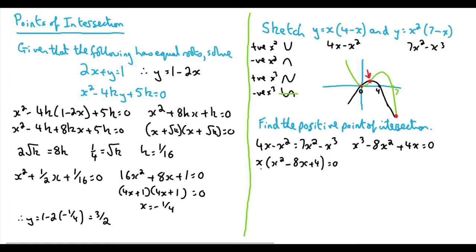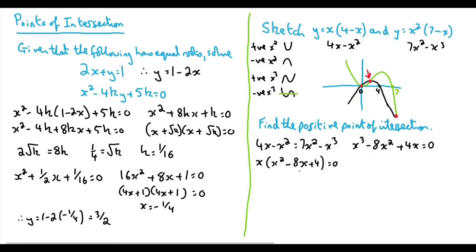So first of all, this already tells us that the x being a factor is that 0 is going to be a root. Well, I mean, yes, we can already see that. We knew that one. It's not the one we're looking for. And that leaves us then with a quadratic, which we can more easily solve for 2 solutions, one of which will be here and one of which will be the x-coordinate here.